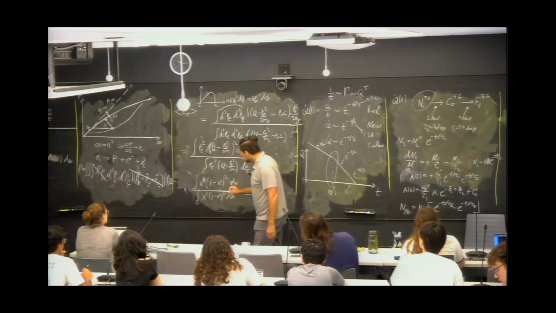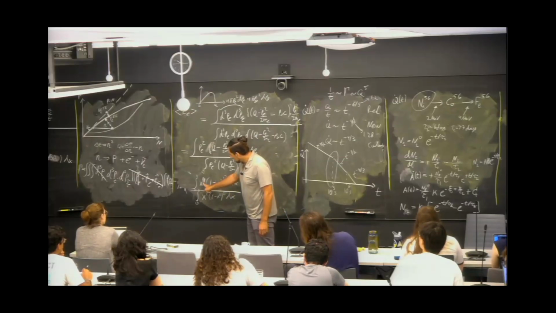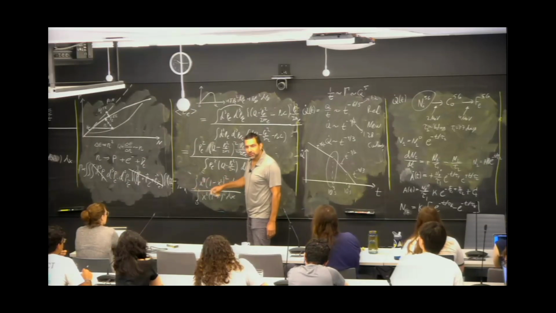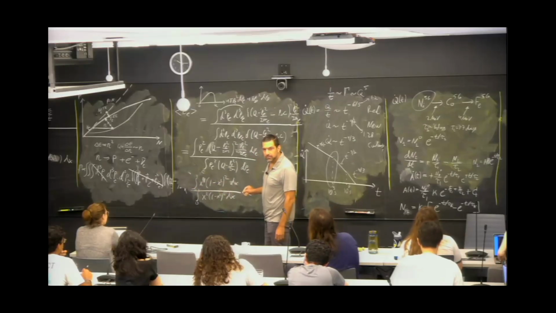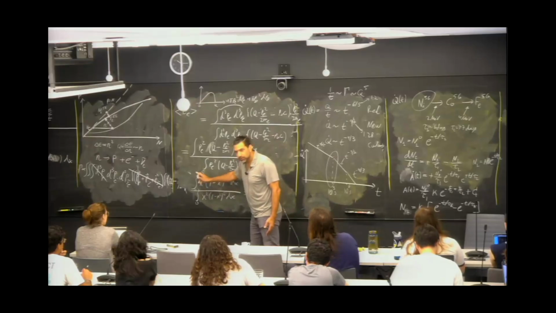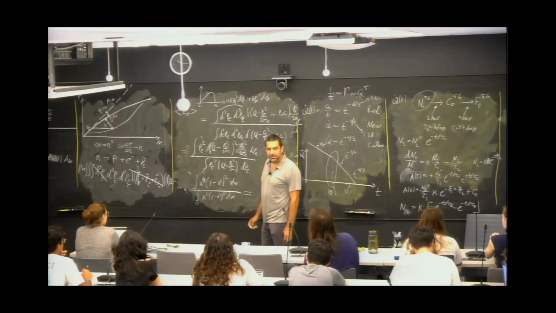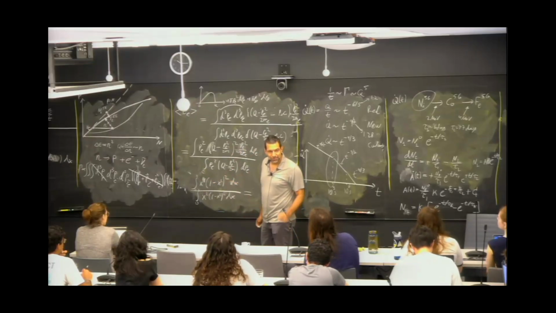So we can do this in 1 minute. If we open this, I get 3 terms. x to the 4, the integral of that is what? Between 0 and 1. It's not 1, you forgot the coefficient. 1/5.